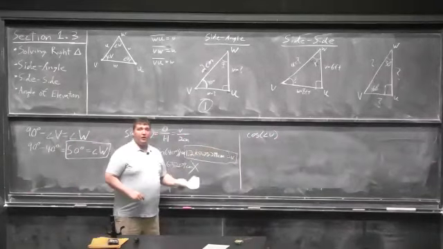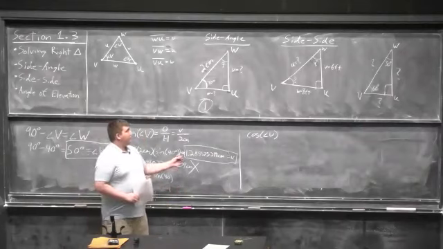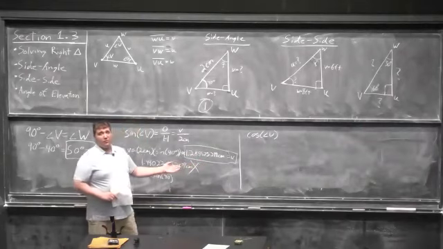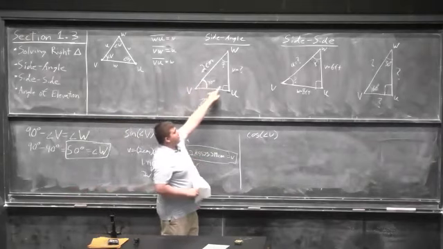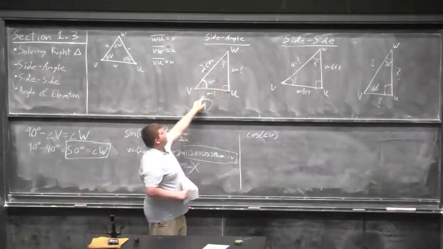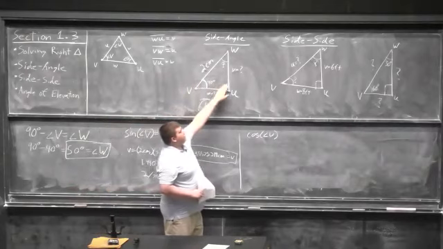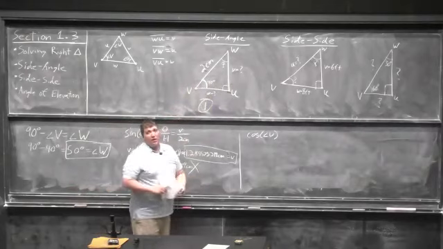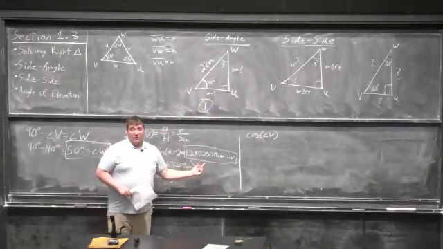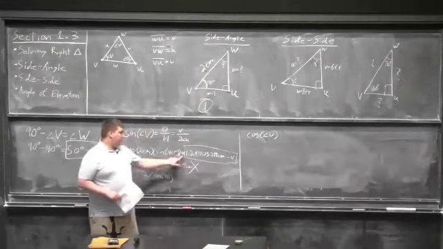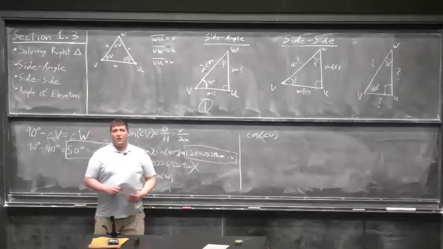Why? Because I'm not using any form of estimation. If I was to do the Pythagorean theorem, where I have 2 squared equals v squared plus w squared, I'm going to have to plug this big thing in, but then also I have to square this, and I'm estimating here, denoted by these squiggly lines.